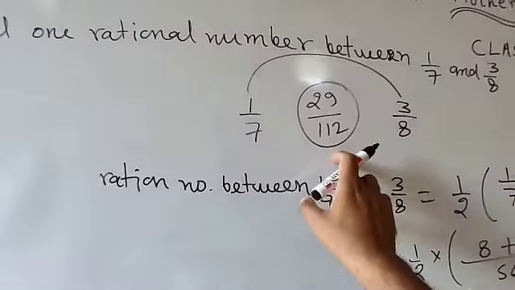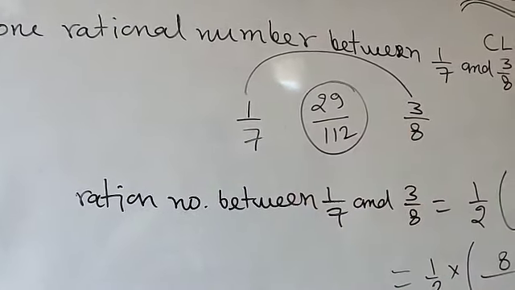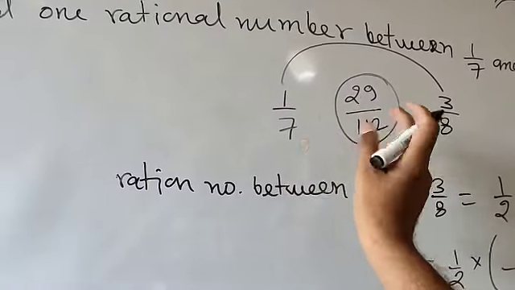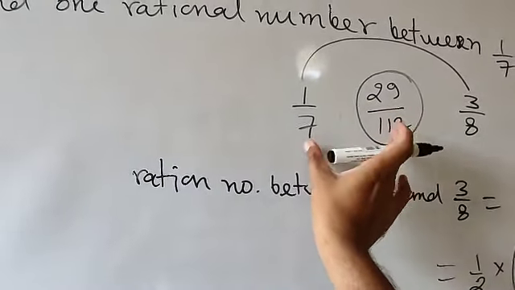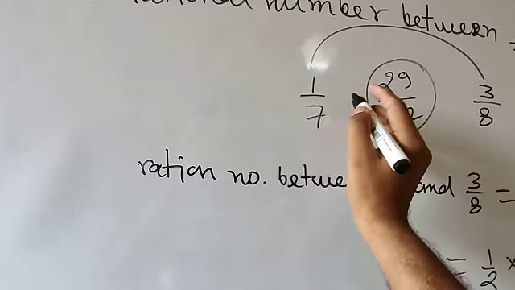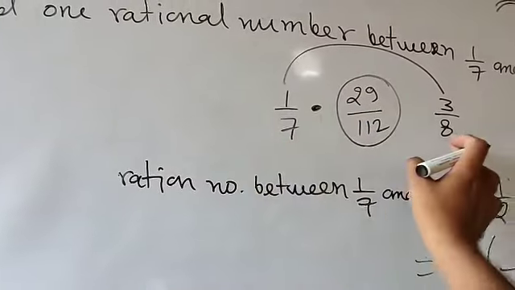So students, you have already got one rational number between 1 by 7 and 3 by 8. If I am going to ask a second rational number, whatever number is between these two, suppose I find a rational number between 1 by 7 and 29 by 112, that will exist here. So that number will also be between 1 by 7 and 3 by 8.